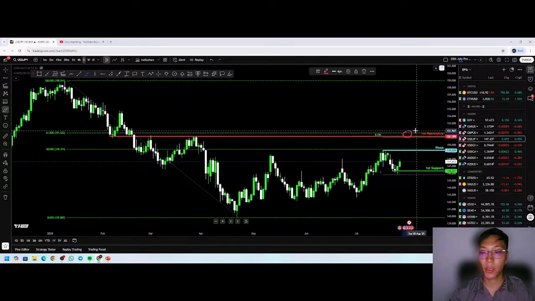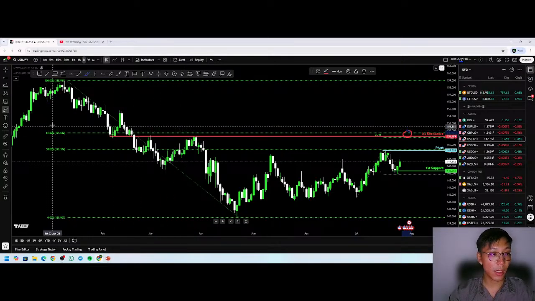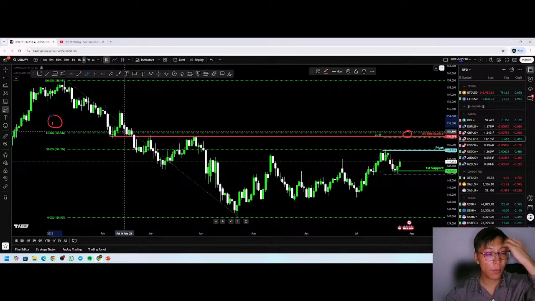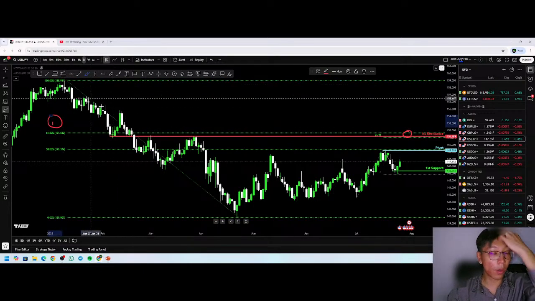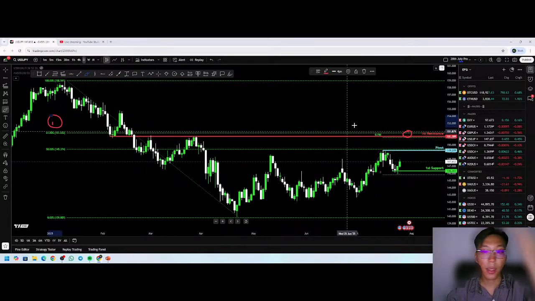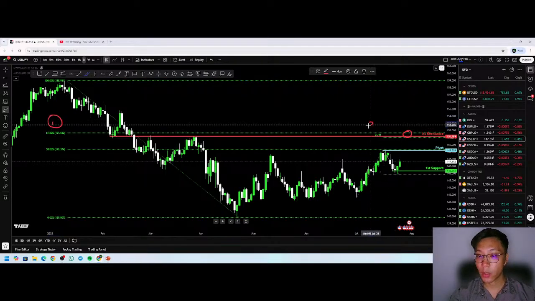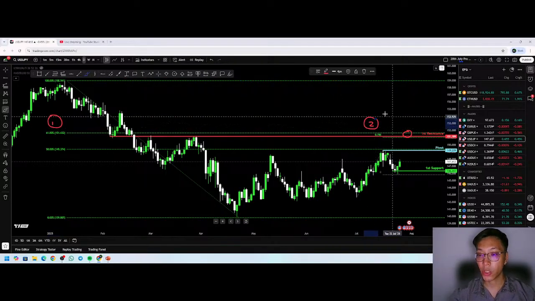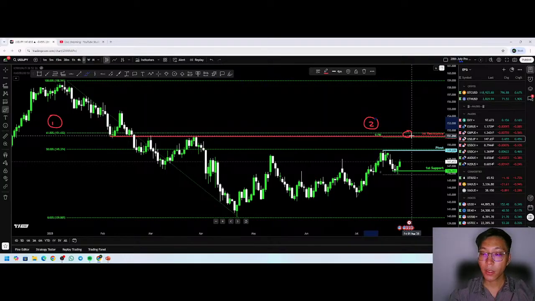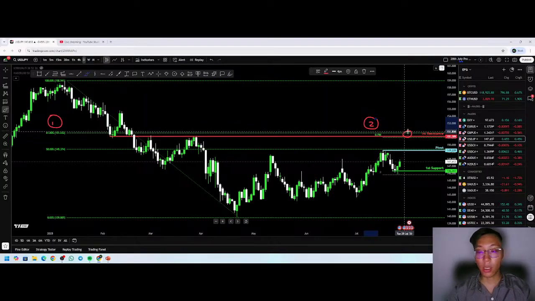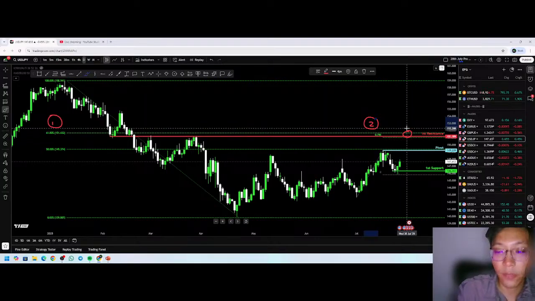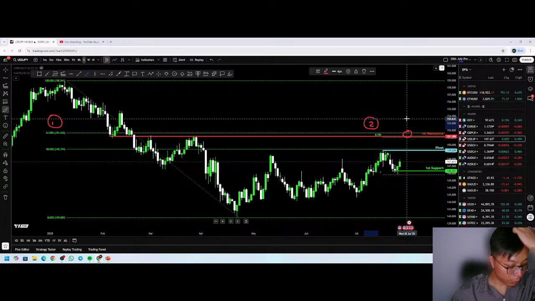Because this first resistance level aligns with the number one 61.8% Fibo retracement level in the overall major trend, as well as the 78.6% Fibo projection over here. So this could be a stronger level because there is Fibo confluence, right?